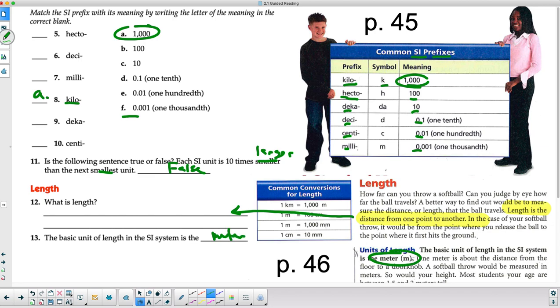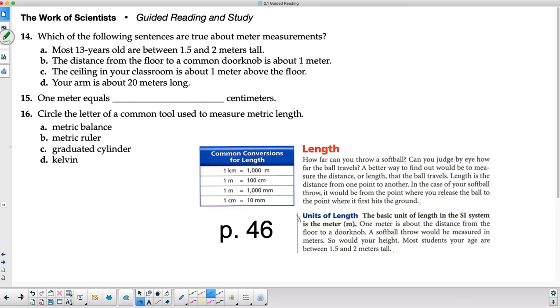Okay. Let's just keep going here just to make sure that we understand. Which of the following sentences are true about the metric system? About meter measurements? Most 13-year-olds, look for 13. Most students your age are between 1 and 2 meters tall. Close enough. That's good.